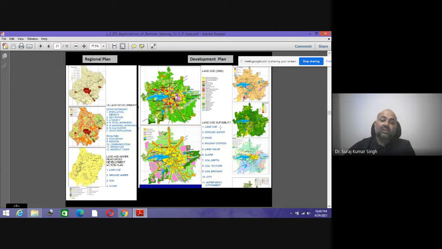Apart from that, not only we are using for the snow and glacier mapping, but we are also using for various kinds of development plan and regional plan that the urban and department is making.